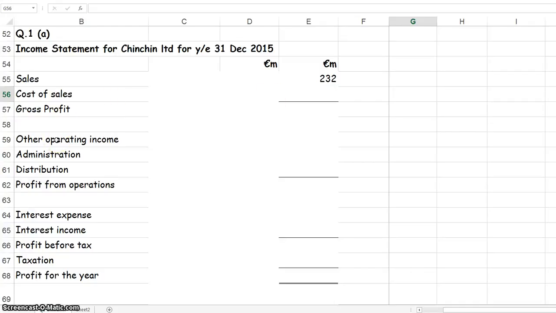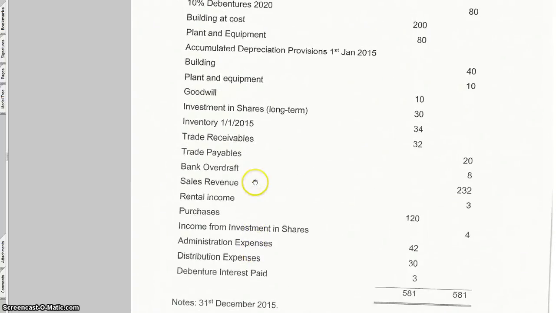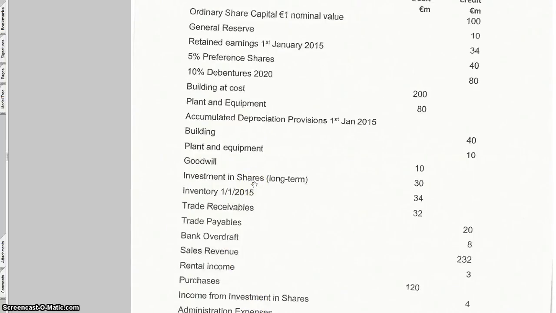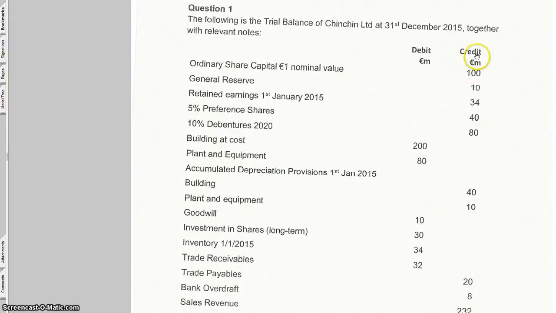Other operating income is very straightforward. You come to your trial balance and look for other types of income, such as rental income or a revenue grant that was received. Generally on the trial balance, income is revenue, so it should appear on the credit side.